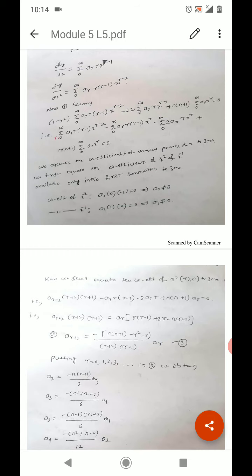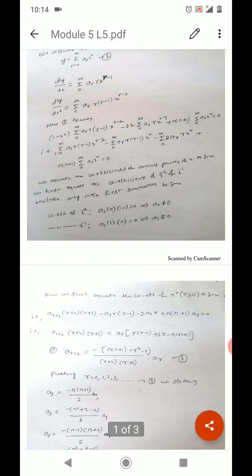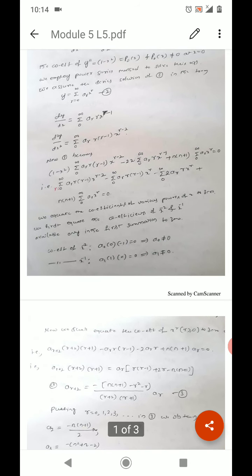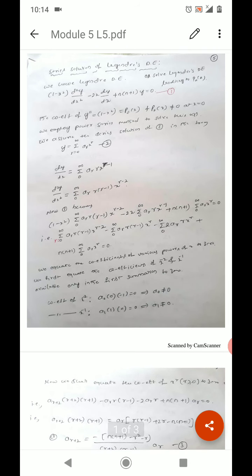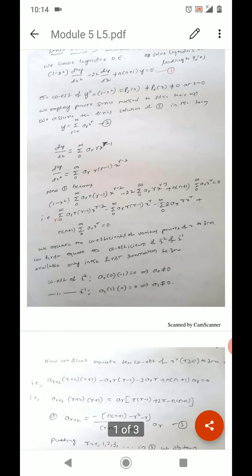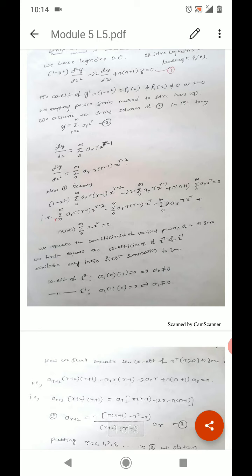So this is the coefficient of x power r, which we have obtained by using equation 2.